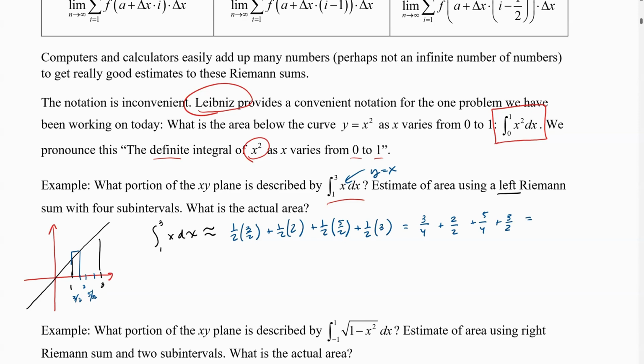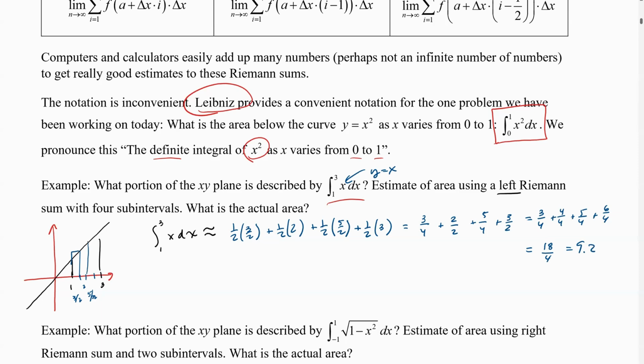You can say, why didn't I just write 1? Because I want to say common denominator of 4, sorry. So 3/4 plus 4/4 plus 5/4 plus 6/4. And this totals out to 18 fourths or 9/2.